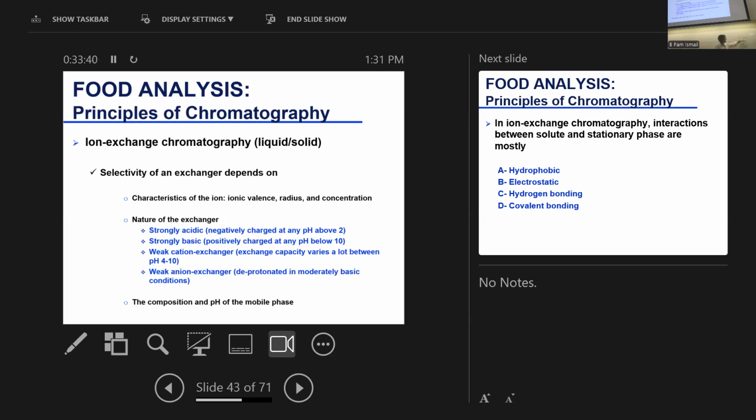This is going to be retained more on your column. There are more places that it's going to interact with your stationary phase. And the one that has the least ion charge load will interact the least and will elute first. That will be first, second, third order of elution.